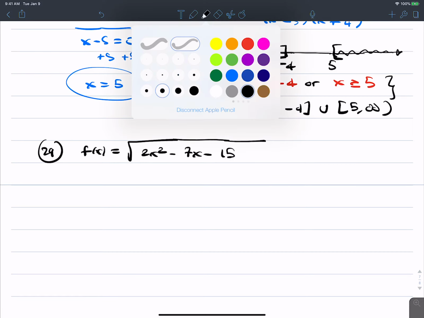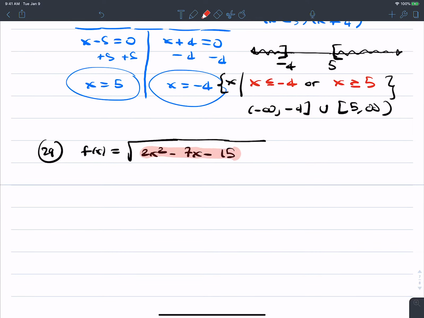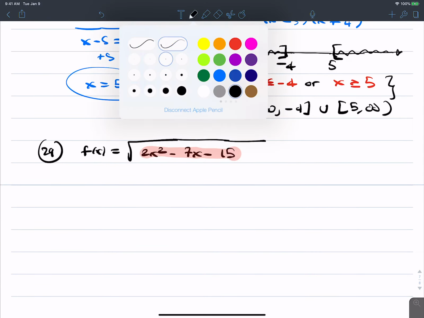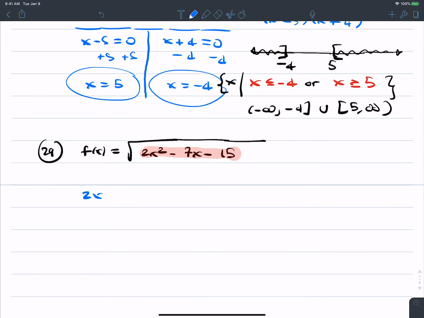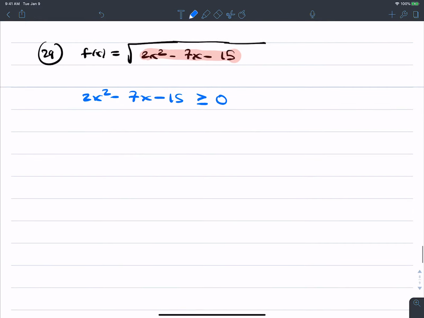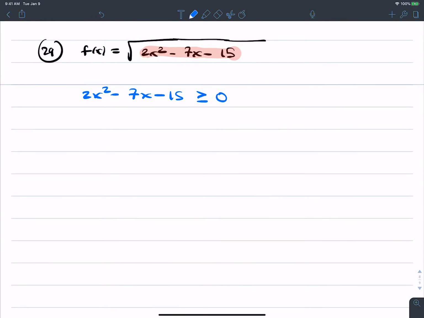Again, we set what's under the radical to be greater than or equal to 0. So 2x squared minus 7x minus 15 is greater than or equal to 0.